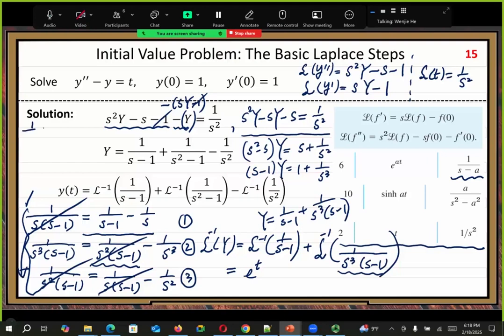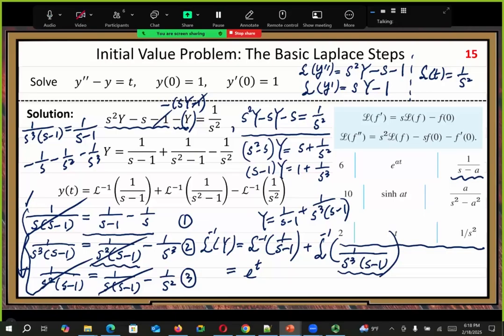We will get 1 over S minus 1 equals these terms: 1 over S minus 1 minus 1 over S minus 1 over S squared minus 1 over S cubed.